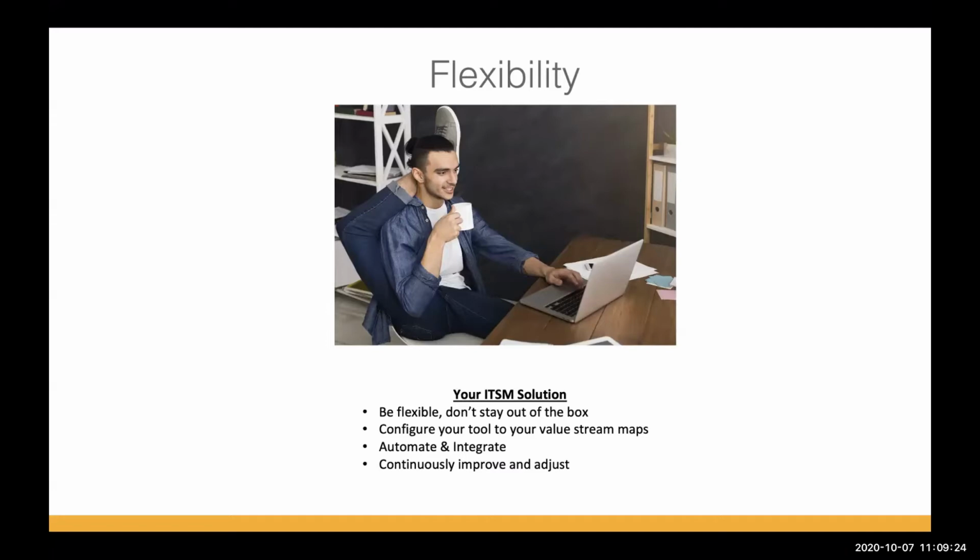So you can't build a system that is inflexible, because every single organization is going to have a different starting point. You need to be able to automate where you can. You need to be able to integrate with other systems. That's going to reduce that amount of waste, that amount of time that something is in a holding pattern. And then, of course, the whole purpose of this is to be able to continuously improve. And then when you find areas to continuously improve, you're going to need to adjust that process.